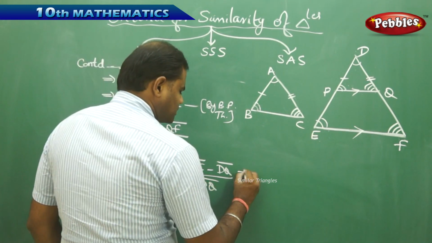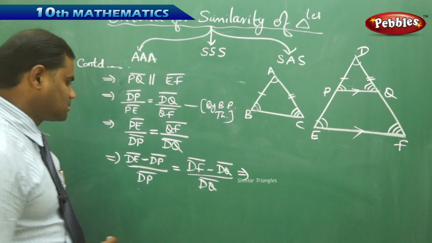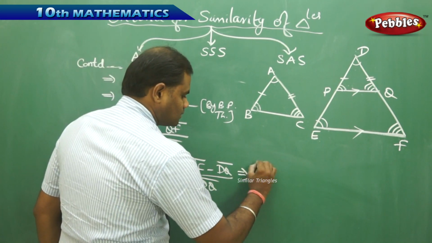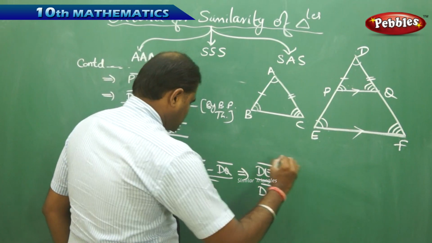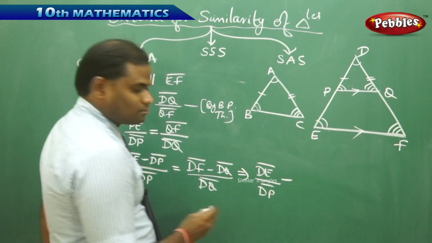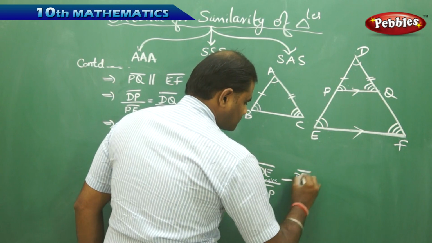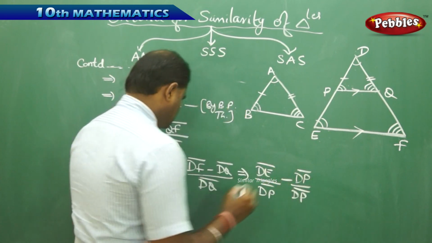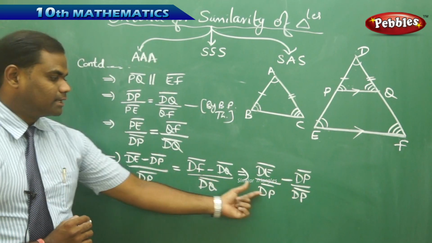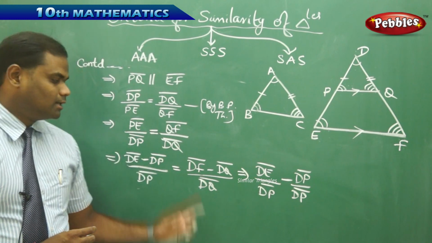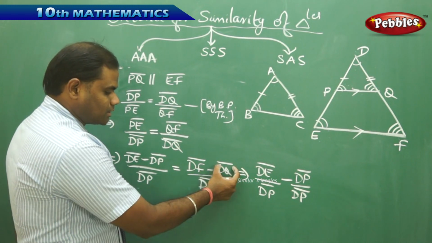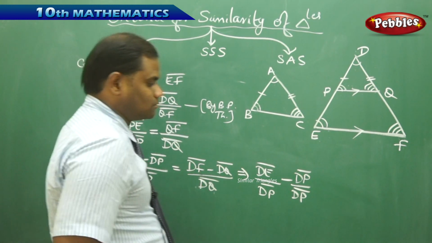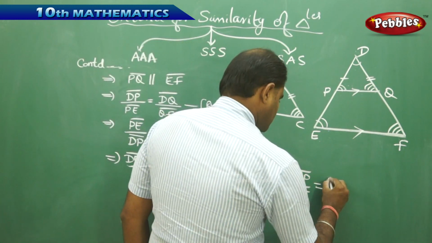Now on splitting the fractions, that is when I split this separately as DE by dP and this as dP by dP, for the first term and the second term, I get this for the left hand side. Similarly, on the right hand side, when I split the fraction, I get dF by dQ minus dQ by dQ.